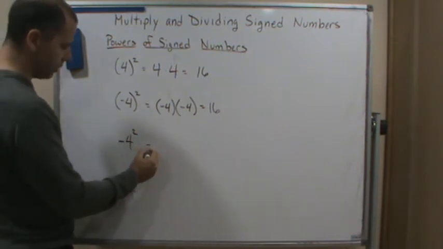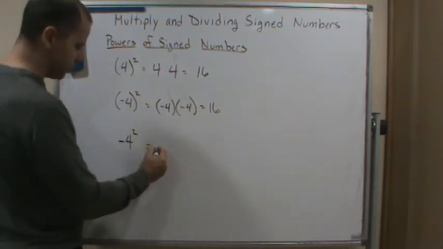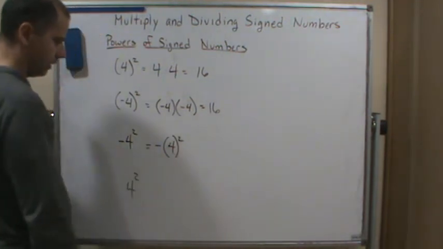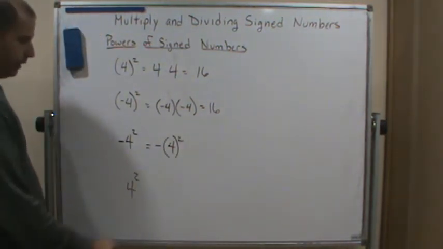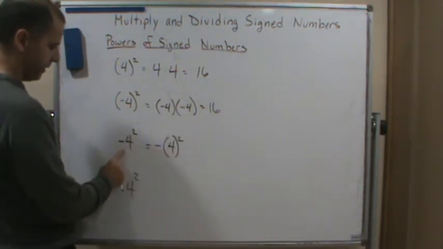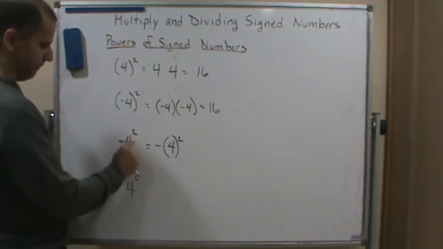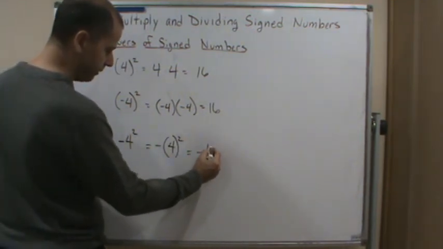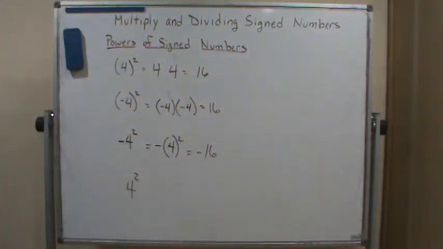So in other words, what this means is I'm doing a negative of 4 squared. So I'm not squaring the negative. It's not like this up here, right? This is not the same as this. This is equal to this, which would be negative 16.